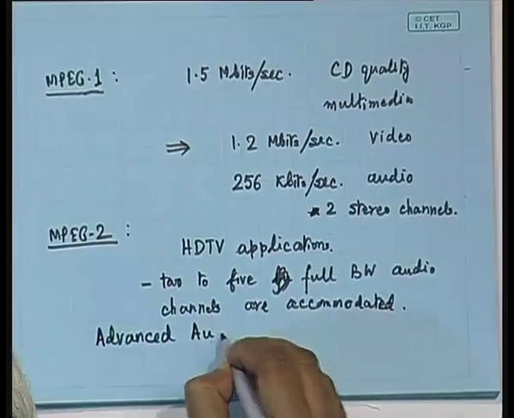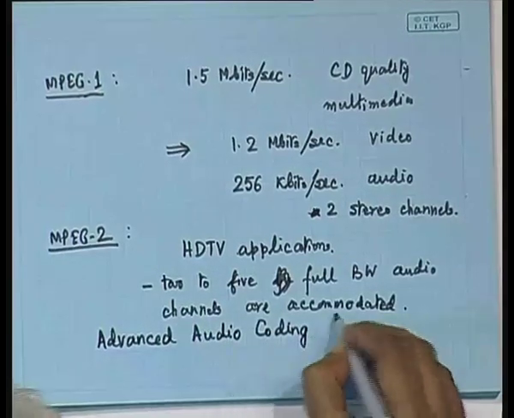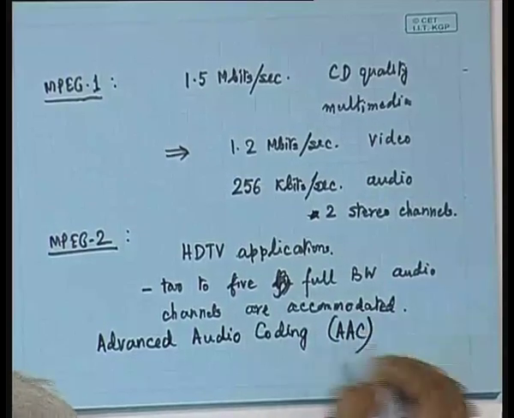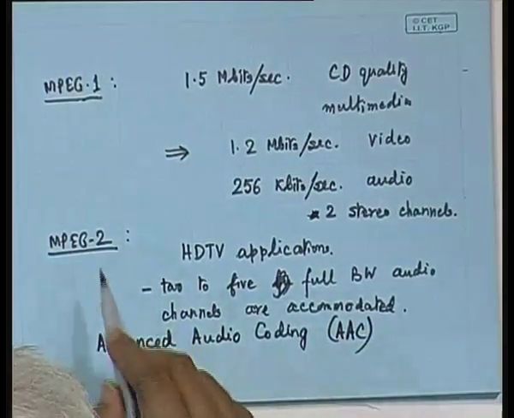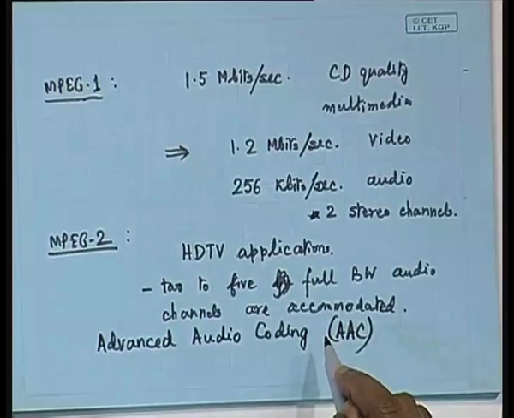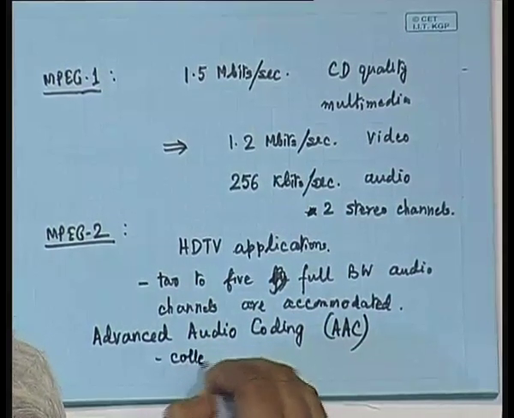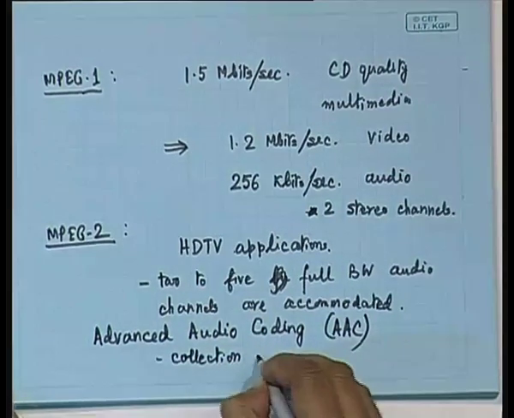So advanced audio coding, or in short form it is called the AAC. Okay. So when you refer to MPEG 2's AAC, the advanced audio coding, this will talk about the collection of audio coding tools that are used.